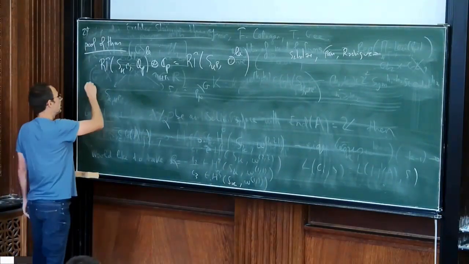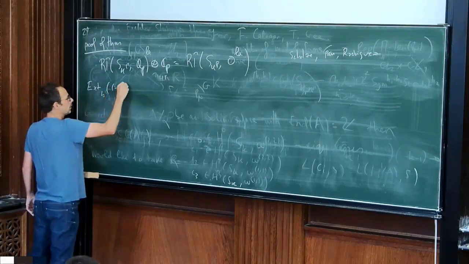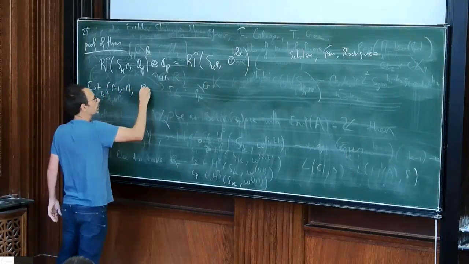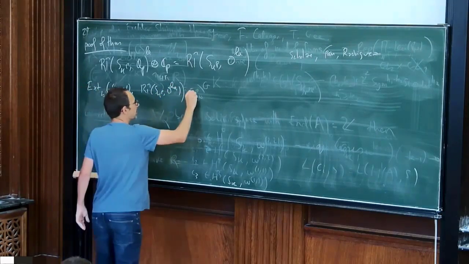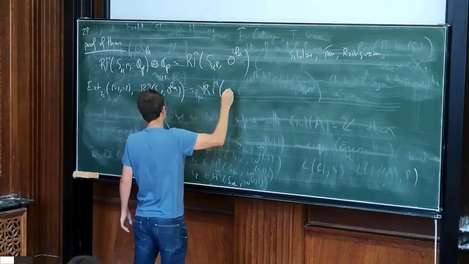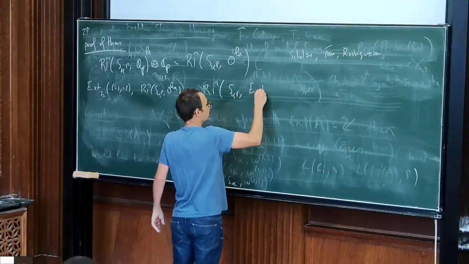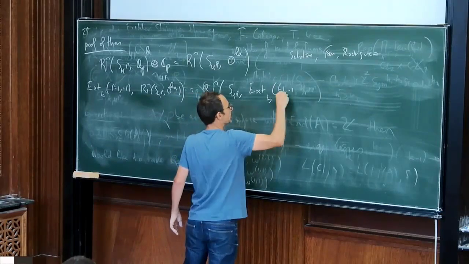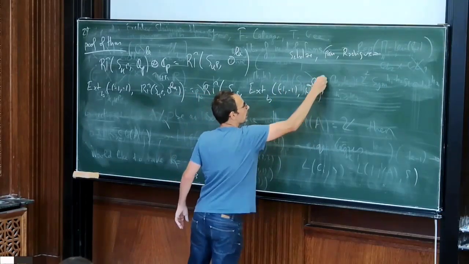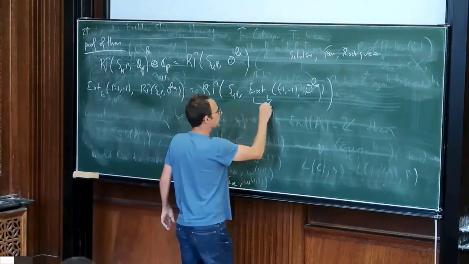Then you want to take the Ext^B, and so you actually compute the B-cohomology at the level of the sheaf. Okay, and so now you want to compute this.